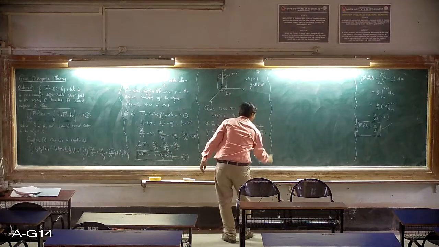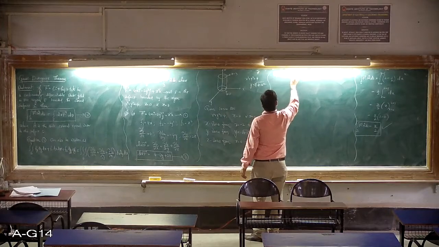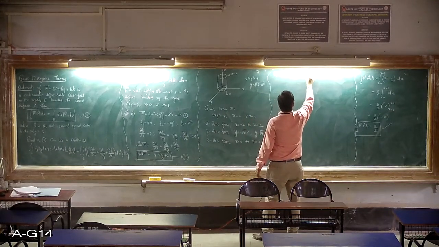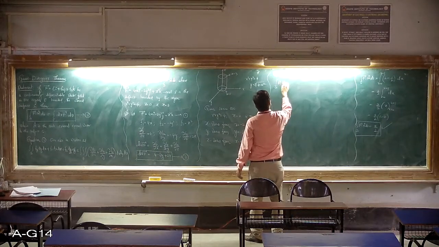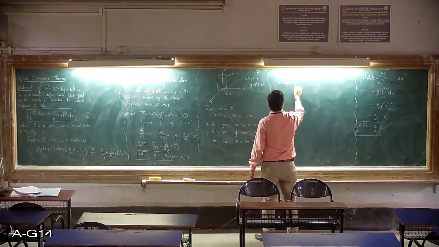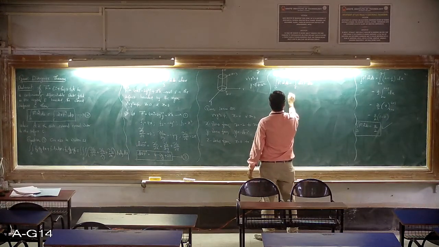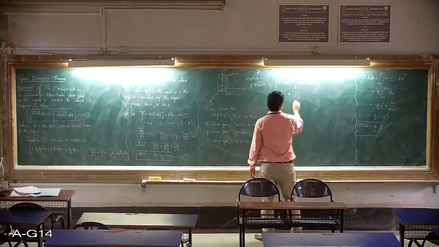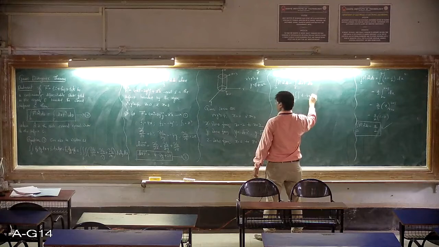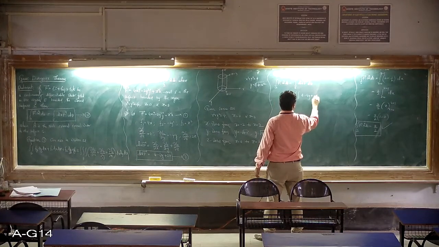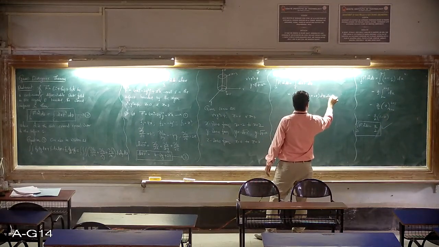So now we'll take the Gauss divergence theorem. By the Gauss divergence theorem, the integration over surface S of F dot n cap dS is equal to the integration over region E of divergence of F dV. Divergence of F we have already found: 4 minus 4y plus 2z, into dx dy dz.